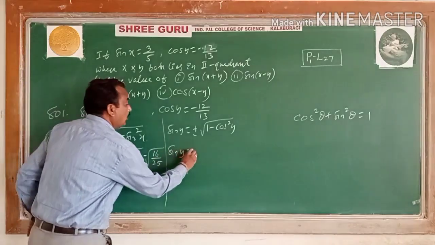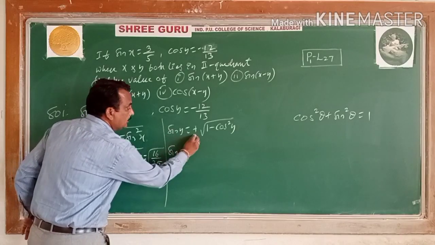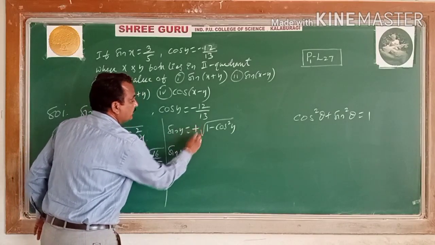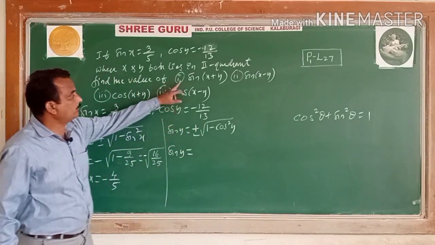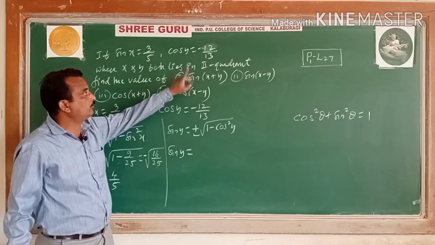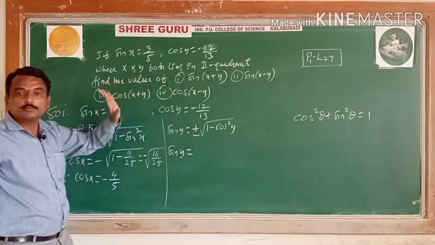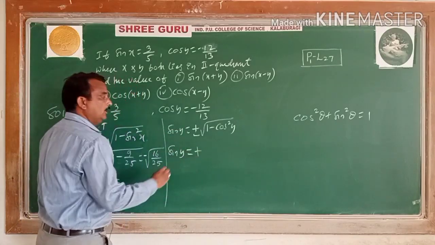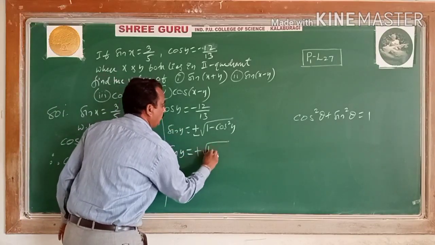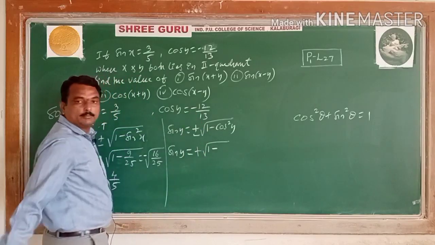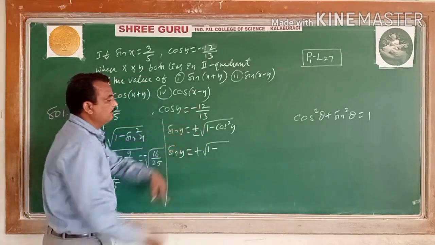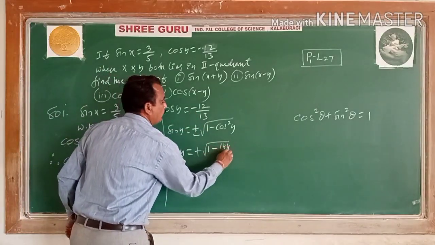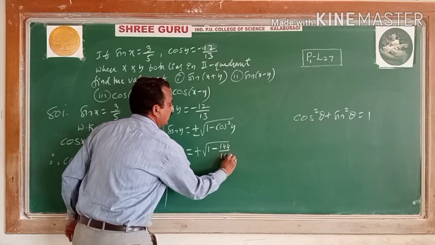Now tell me, in the second quadrant, is this sin y positive or negative? Should you take the positive value or negative? Yes, positive. In the second quadrant, sin is positive. So considering the positive value, root of 1 minus cos square y, where cos y is minus 12 by 13. Square of that is 144 by 169.